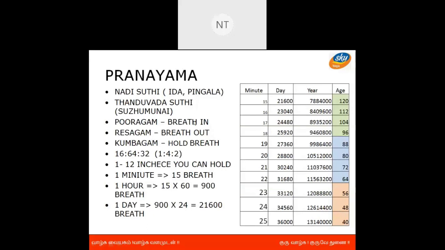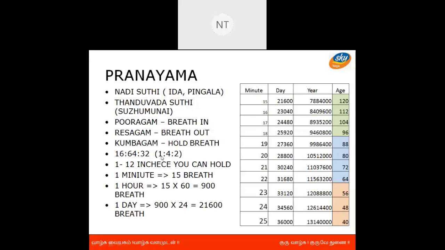Usually they say breathing in is called Puragam, breathing out is called Resagam, and holding the breath is called Kumbhagam. According to Tirumular, the person has to do the pranayamam with 16 units of intake, 64 units of breath holding, and 32 units of release.